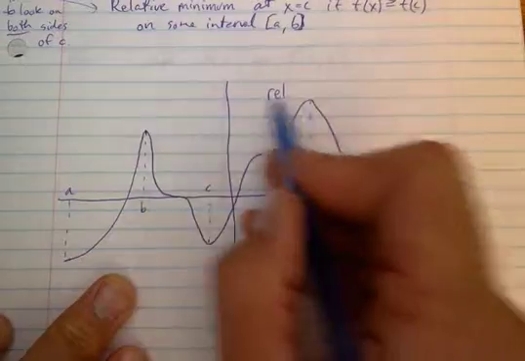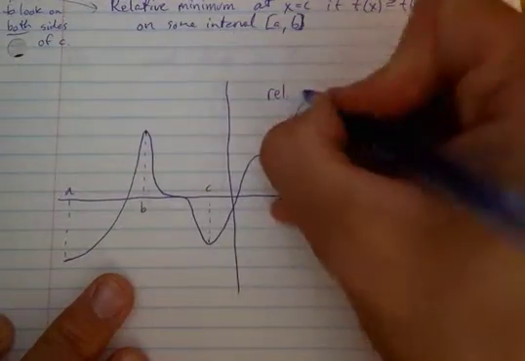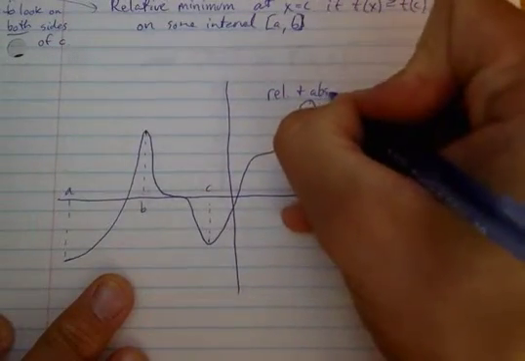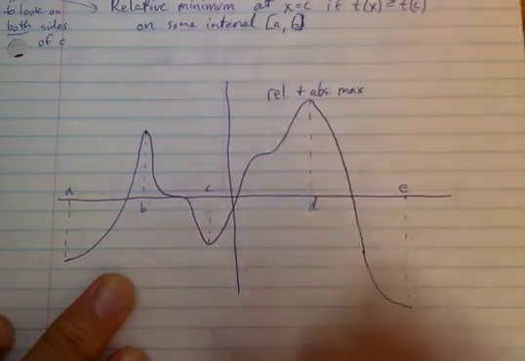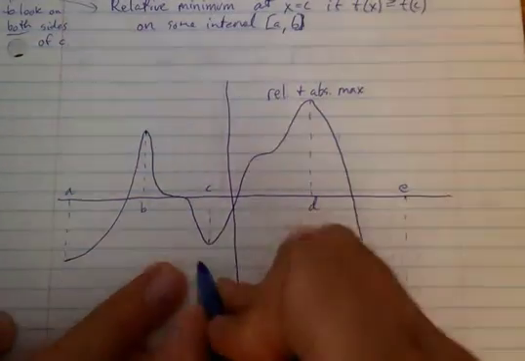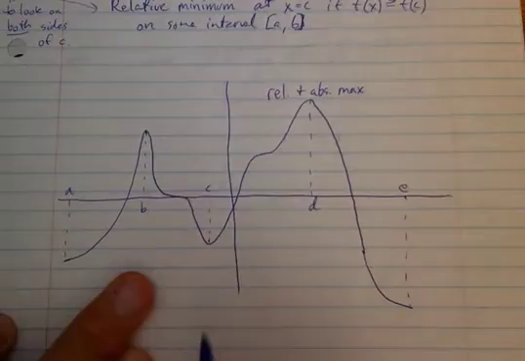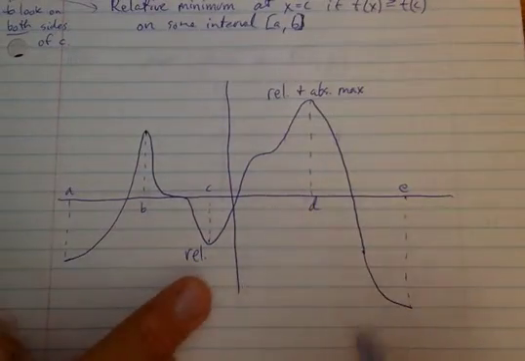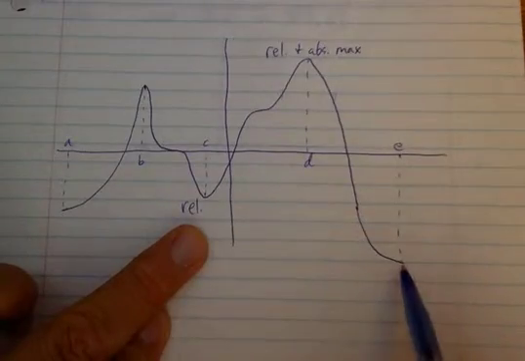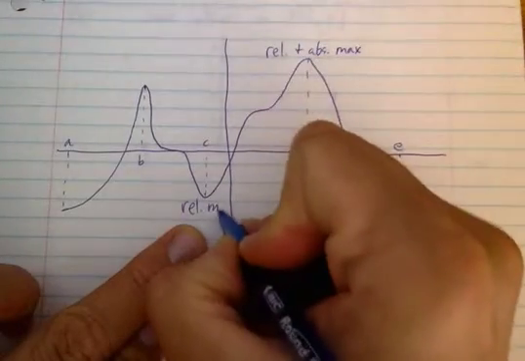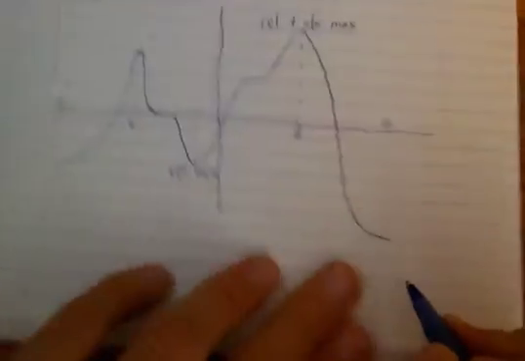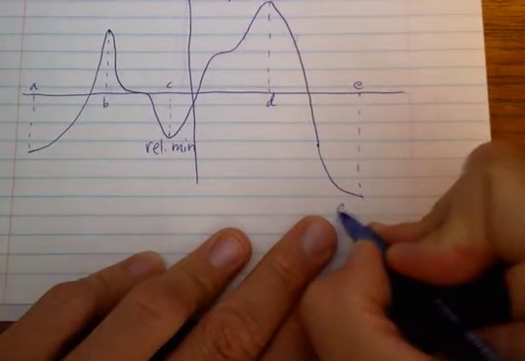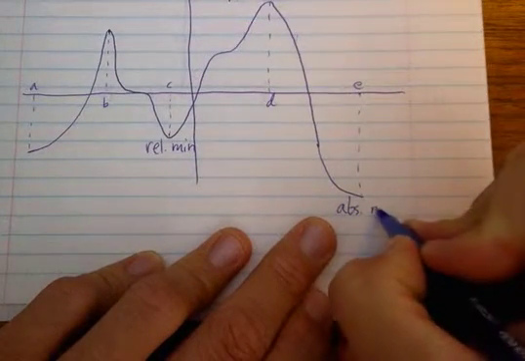And look at it, it's absolutely the absolute max as well. What about C? It's a relative minimum. Is it the absolute minimum? Looks like that point's lower. And then let's go down to this point. This we're calling the absolute minimum.